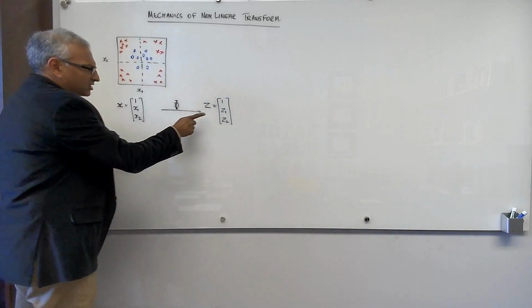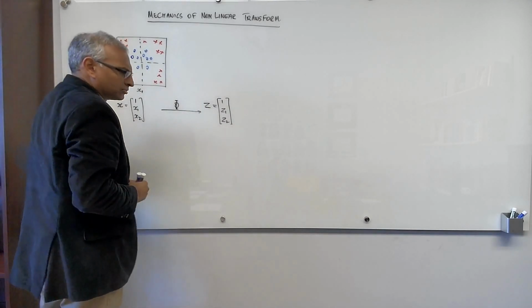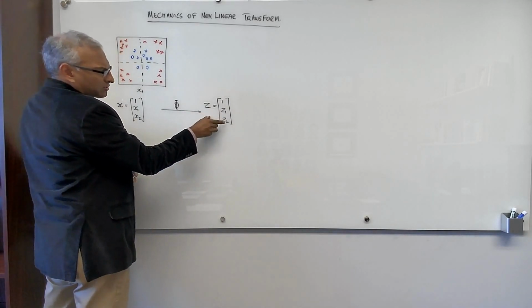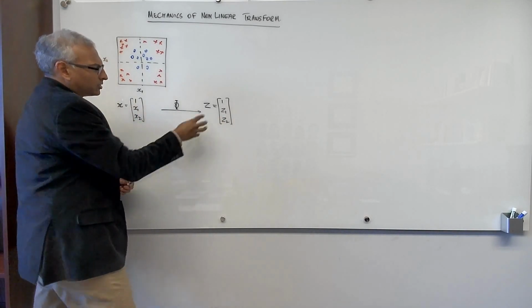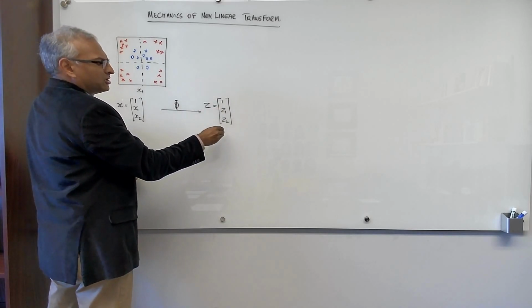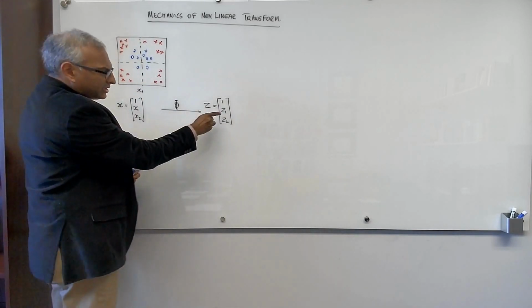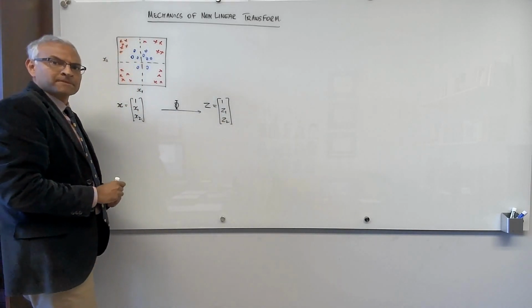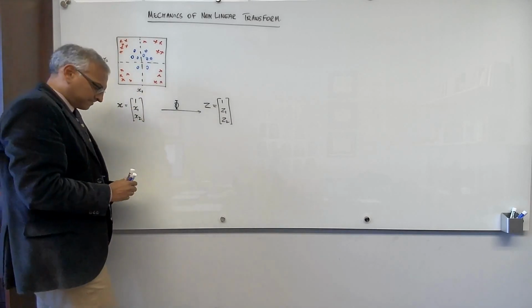So we transform to this new feature, which I will write as z1, z2. Each of these coordinates of the new feature can be functions of the original feature. So two points. First, the dimension of the new feature can be larger, smaller, or equal to that of the original feature. And each new feature can be a function of the entire original feature.